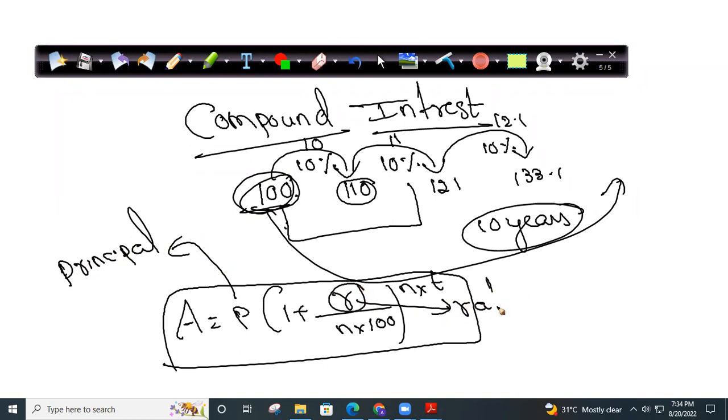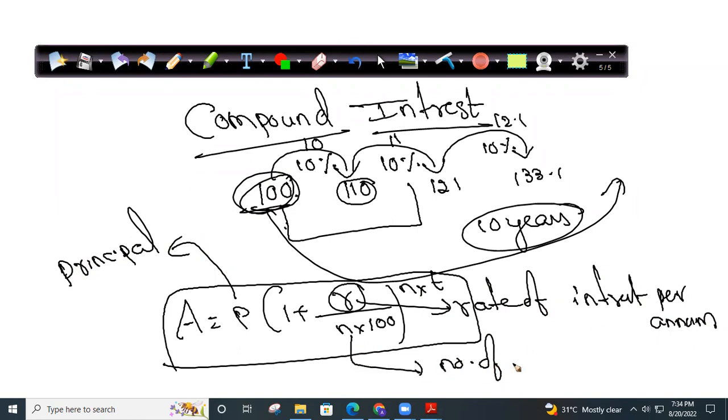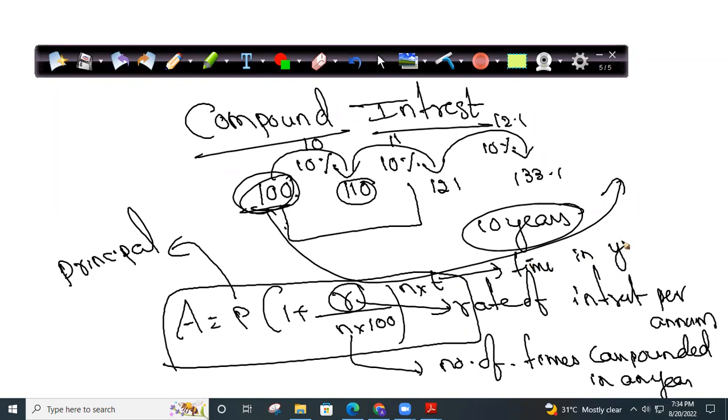Rate of interest per annum. What is N? Number of times compounded in a year. T stands for time in years.